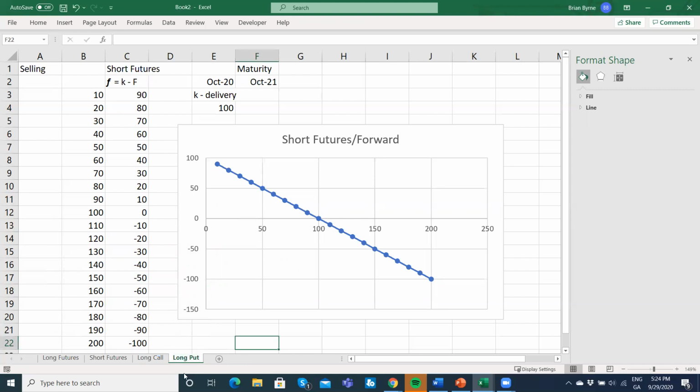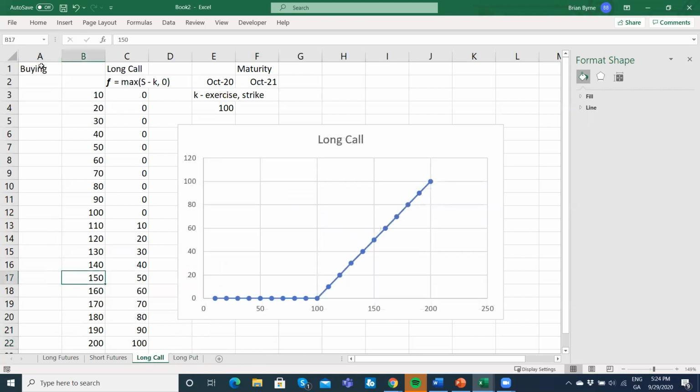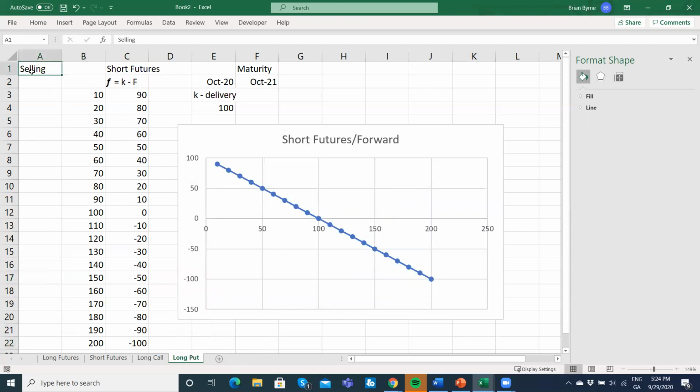So again, in this instance, it's a long put. Okay, so you're actually buying the put, and the put gives you the right to sell. So technically we're looking here at a long put option. Okay, and that gives you what? It gives you this put option.